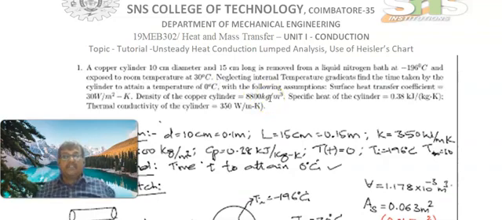Surface heat transfer coefficient is 30 watts per meter square Kelvin. Density of the copper cylinder is 8800 kg per meter cube. Specific heat of the cylinder is 0.38 kilojoules per kilogram Kelvin. Thermal conductivity of the cylinder is 350 watts per meter Kelvin.